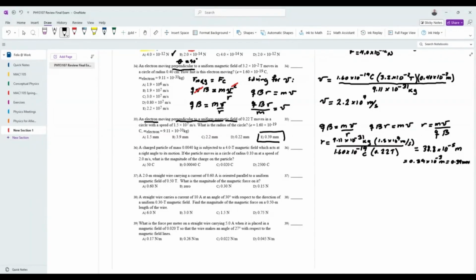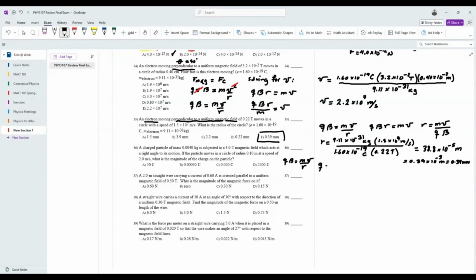If the particle moves in a circle of radius 0.10 meters at a speed of 2 meters per second, what is the magnitude of the charge of this particle? So it's the same equation again, but in this case, we want to solve for the charge. So now in this exercise, we have the same equation, the charge times the magnetic field equals mass times velocity over the radius. We want to solve for the charge.